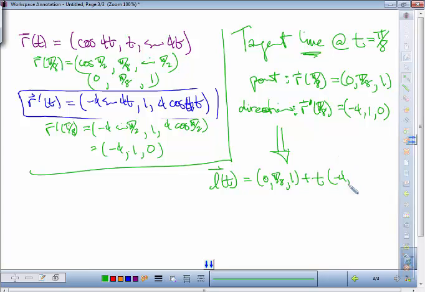You can write it like that, or you can write it as a component-wise function: 0 minus 4t, pi over 8 plus 1t, 1 plus 0t. So you've got your x, your y, and your z components. They're all linear functions. They draw a line, and we're all good.